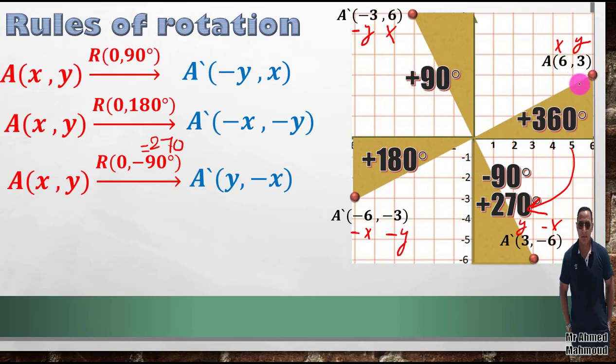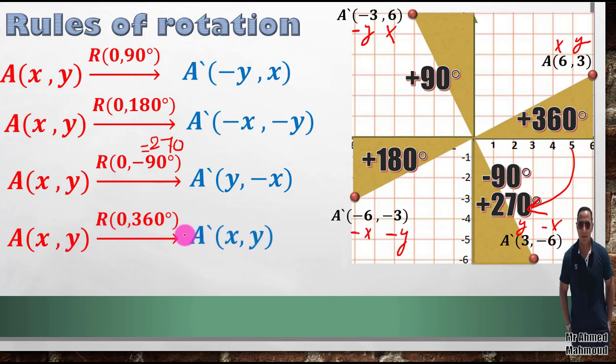So the point A, x and y, its rotation 360 degrees also equals x and y, and this is called identity rotation. 360 is called identity rotation.